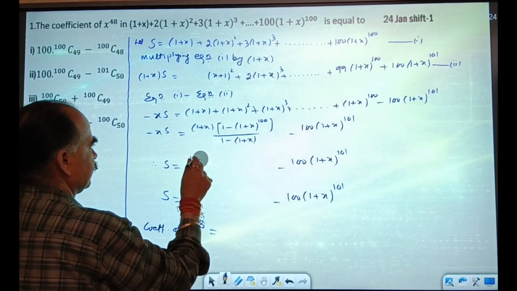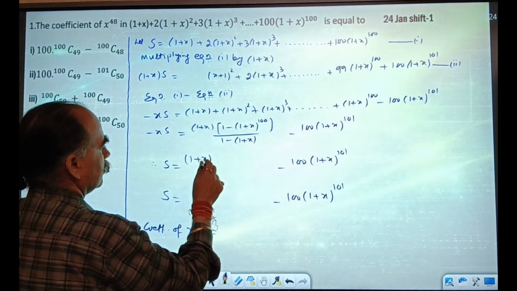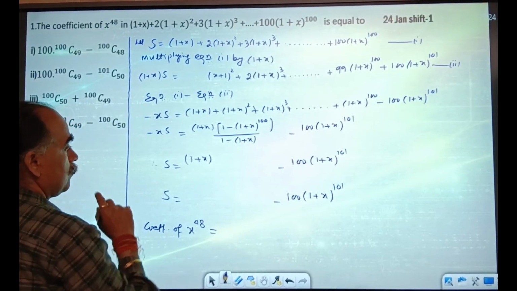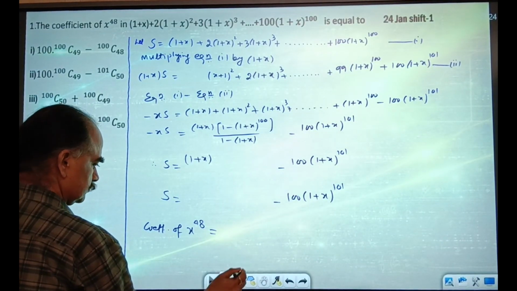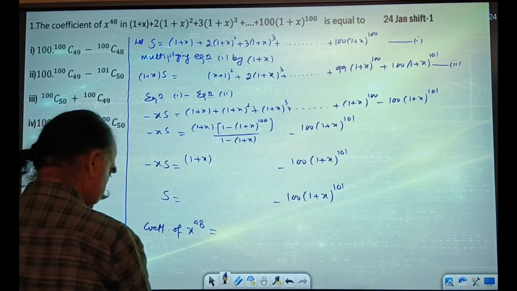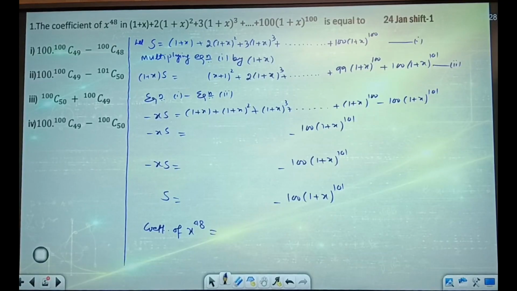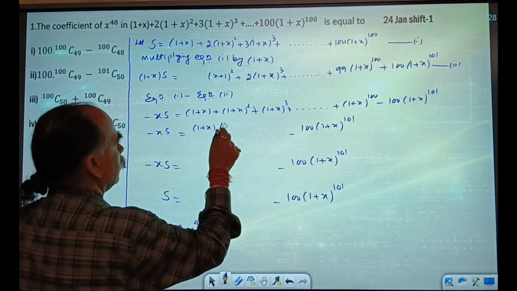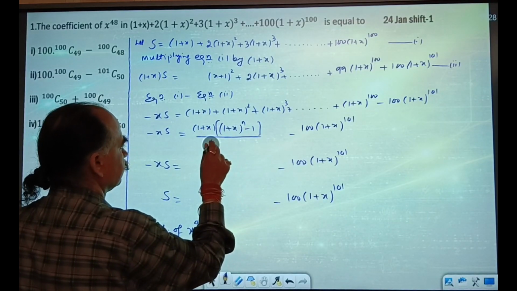So multiply this, you'll get 1 plus x, a into r raised to n minus 1 upon r minus 1.